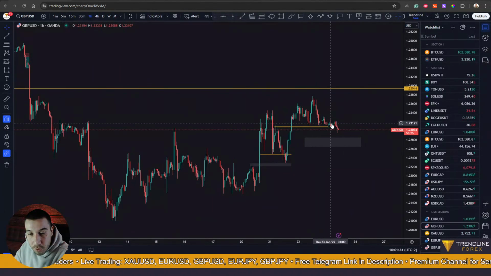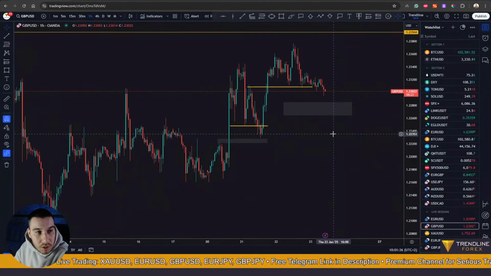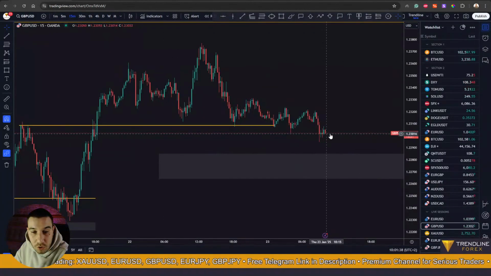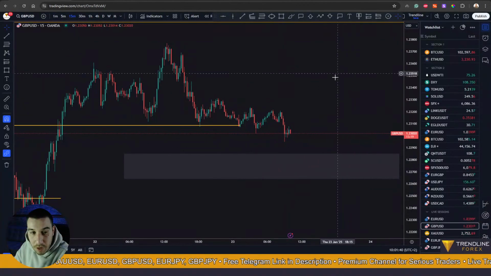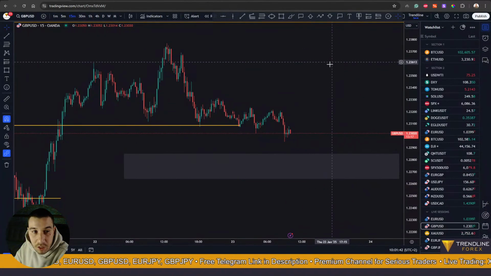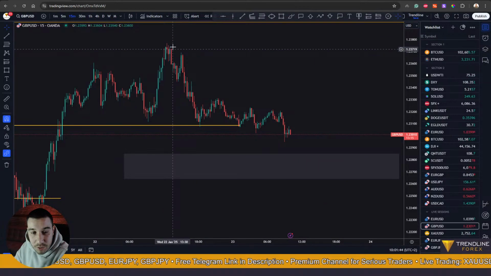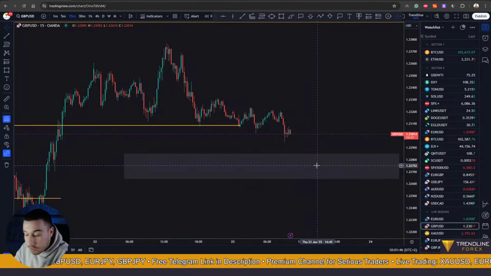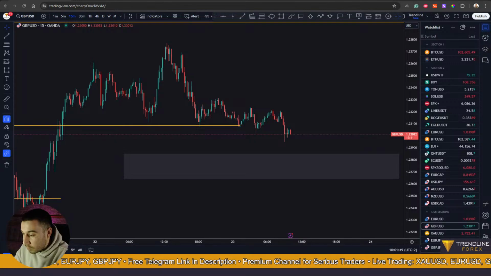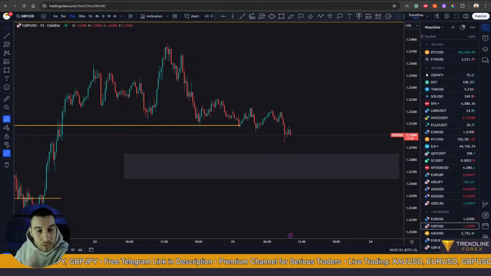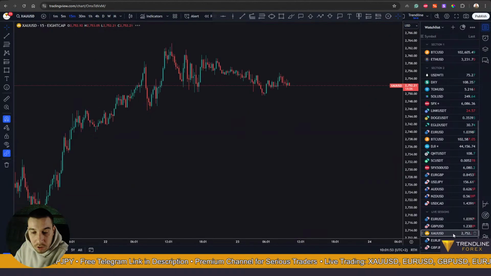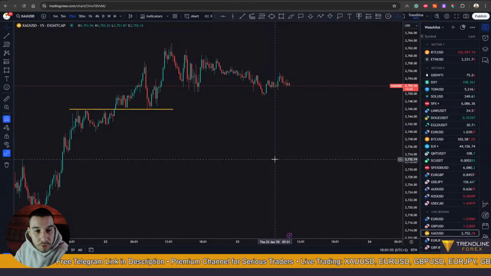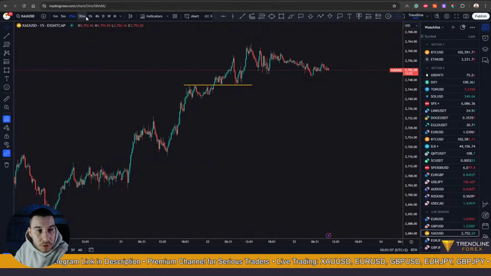So a little bit of a pullback won't hurt anybody. In fact, for those of us who are looking for a continuation of the pullback, or basically another bullish leg, which should eventually take out this previous high, that means better entry levels, right? So this is something that I'm going to be looking for throughout the London session.